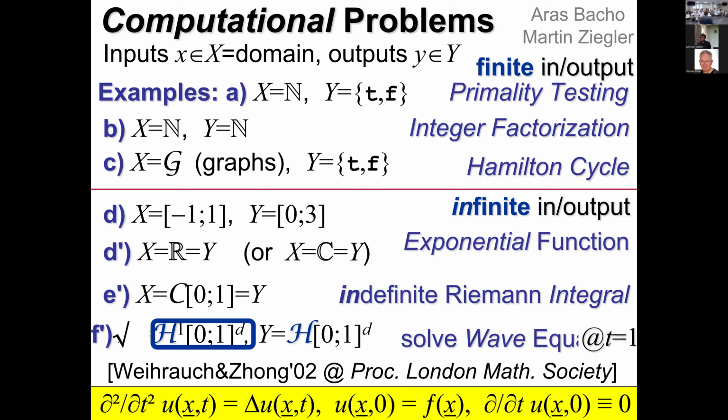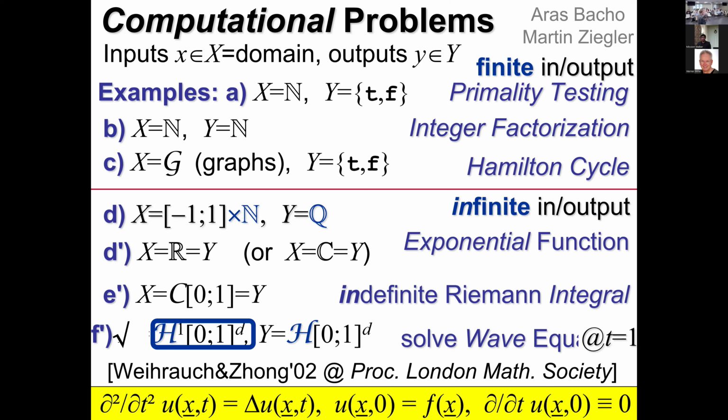One is discrete, and below the red line, these are continuous. This basically means that the input and output are finite or infinite. And one can usually approximate the continuous output, replacing the real interval with the rationals and introducing a new error parameter for the input.